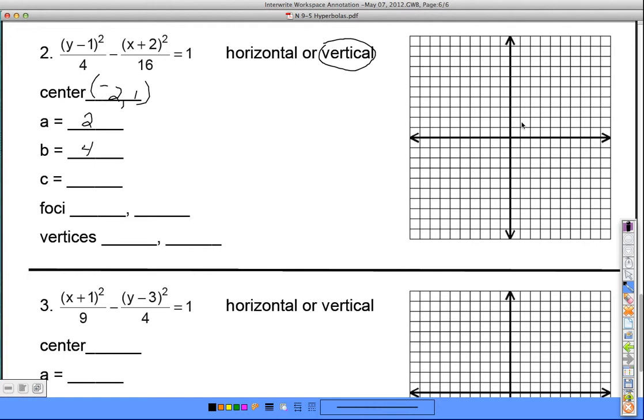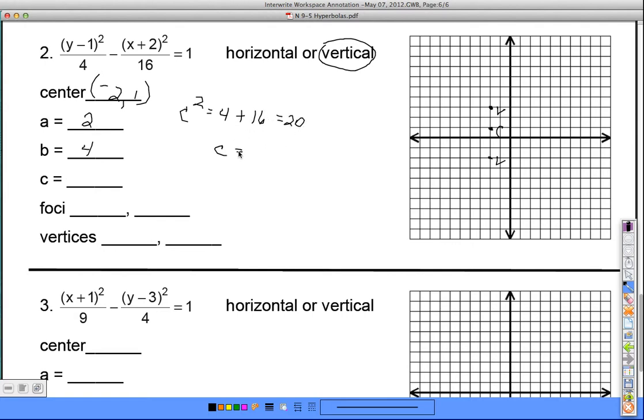So we mark at -2, 1, our center. This is our center. Our vertex is going to be 2 spaces away, up and down. And our focus, we have to figure out how far that's going to be. Remember, c squared is equal to a squared plus b squared. So that's 20.